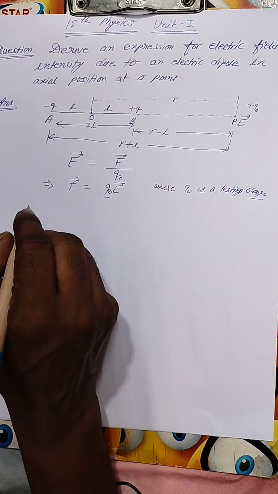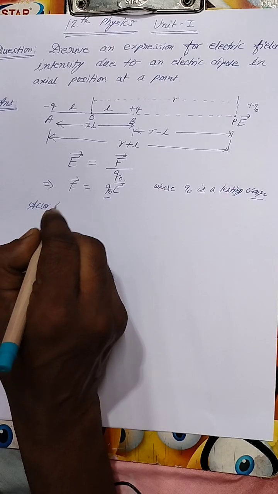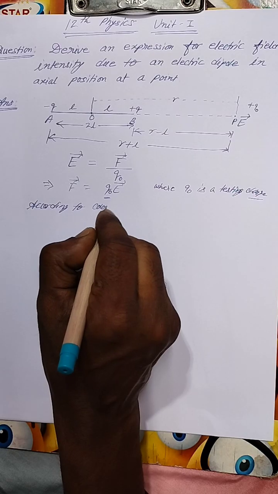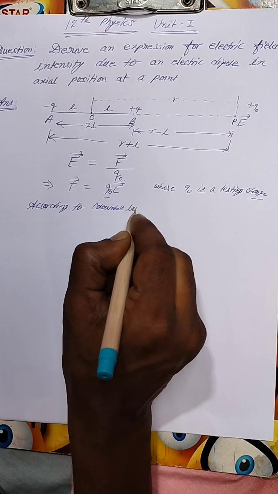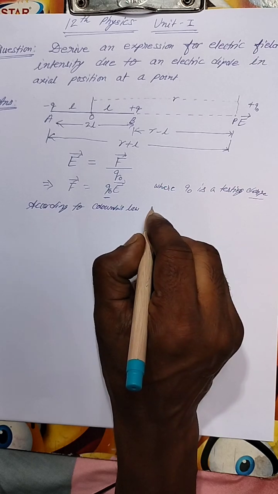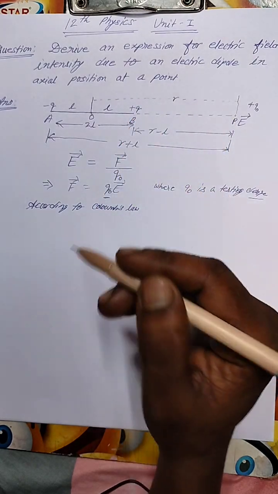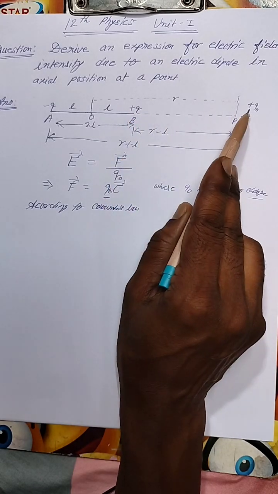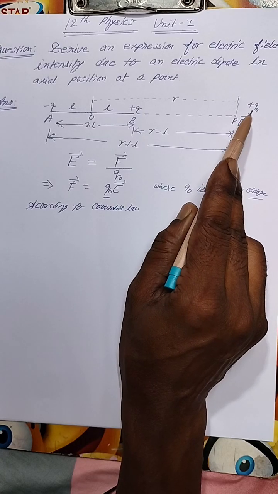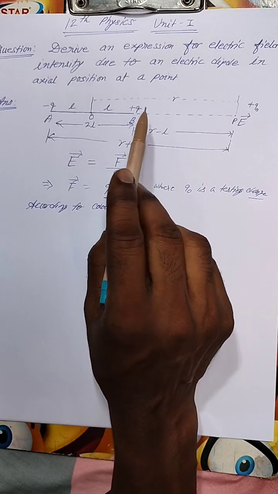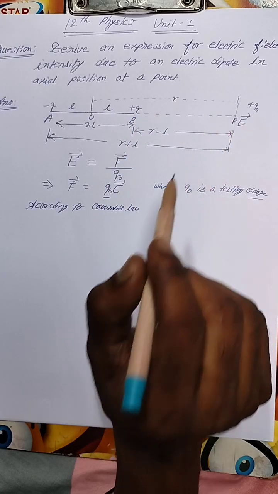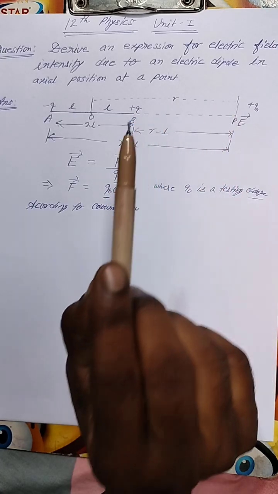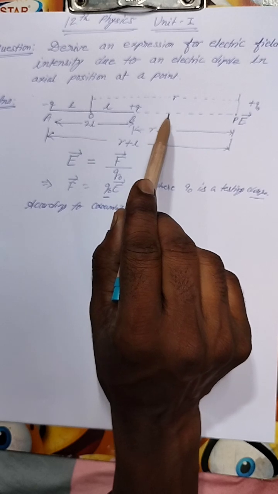According to Coulomb's law, we know that the force between two charges F is proportional to the product of the magnitude of charges and inversely proportional to the distance between them.